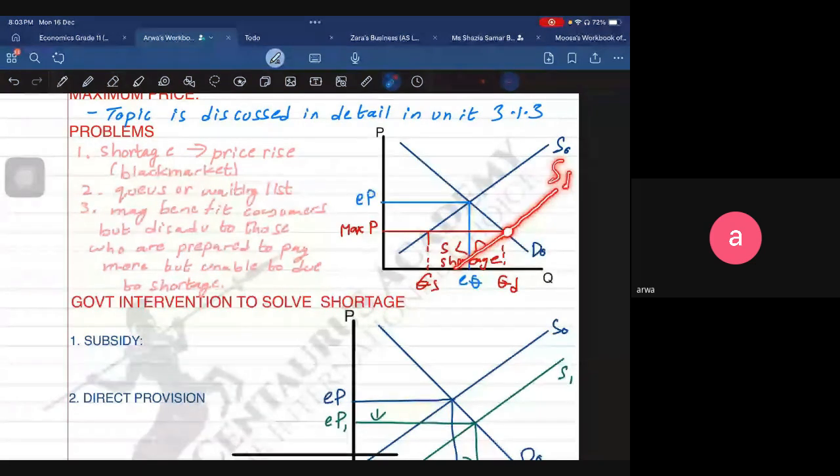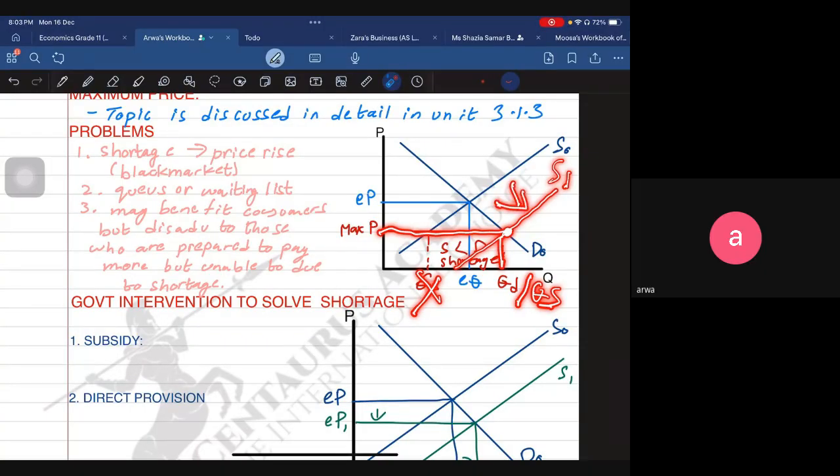Now you can match this price and this quantity demanded will be equal to the quantity supplied, and this will not be the issue now. You understand what I've done here? So this is the impact of the subsidy.